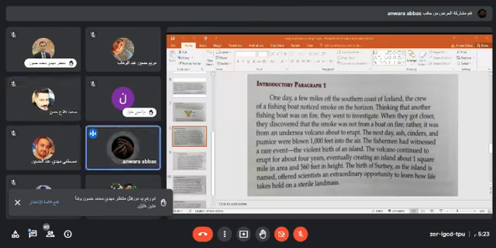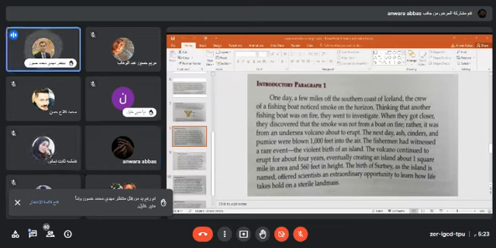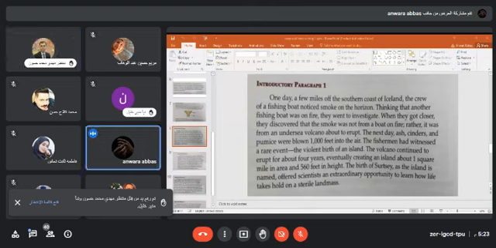Let's see others' opinions. Muntabar, do you agree or disagree with Muhammad? Professor, I think it is attention drama also. Well, we already identified it as an attention-getting introduction. But where is the thesis statement?